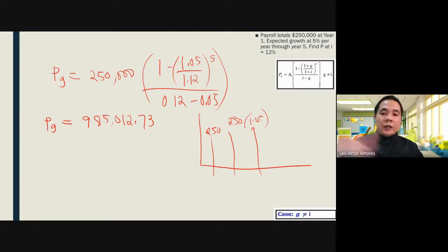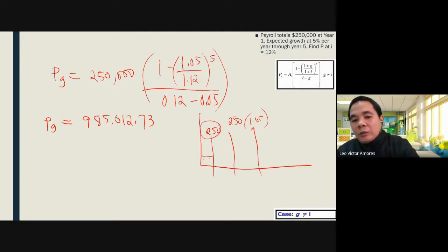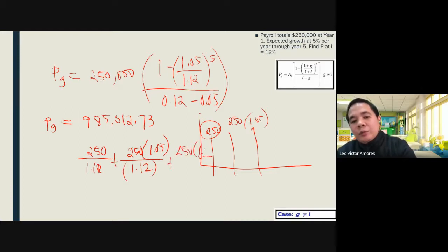If you try to get the present value using the interest, that is 250 divided by 1.12 plus 250 times 1.05 divided by 1.12 squared, plus 250 times 1.05 to the exponent 2 divided by 1.12 to the exponent 3.